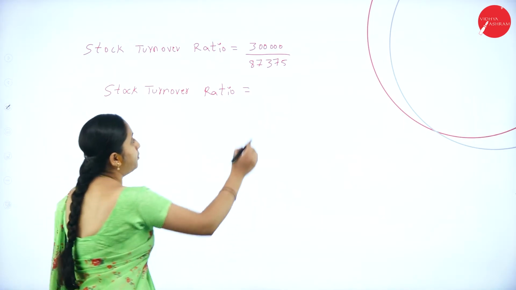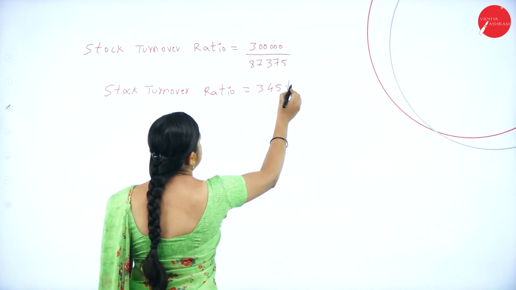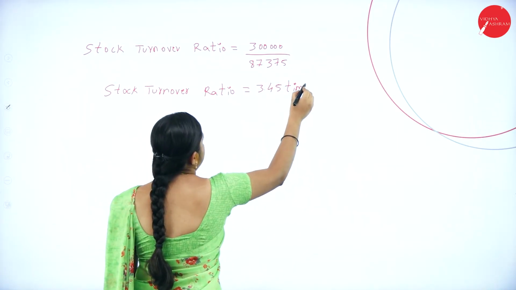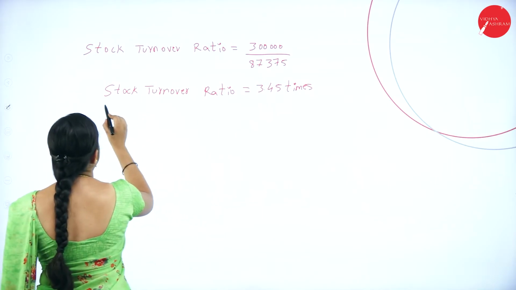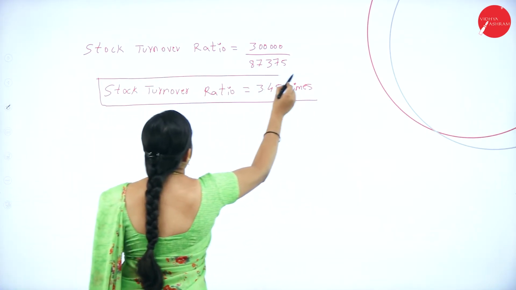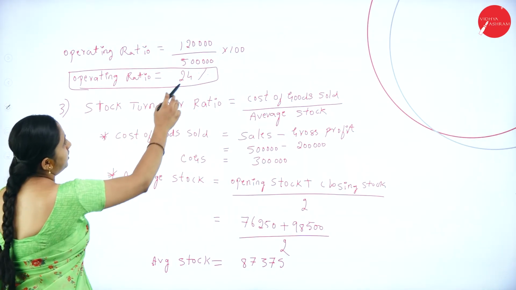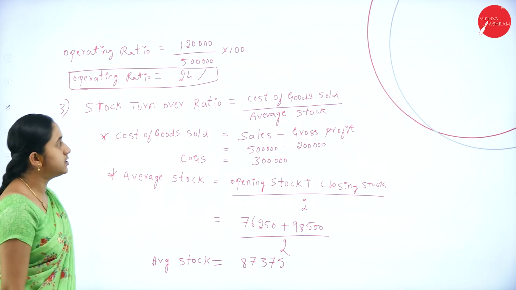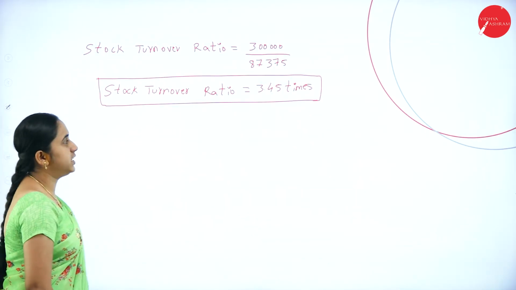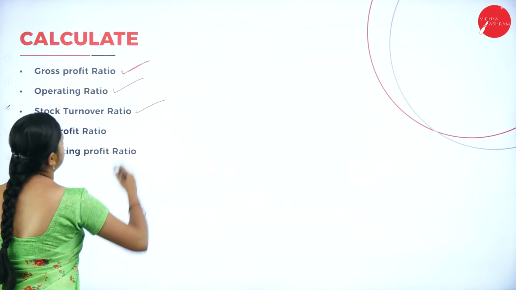Answer: 3.45 times. Stock turnover ratio is expressed in number of times. All the other ratios are expressed in percentage. So, stock turnover ratio is over.